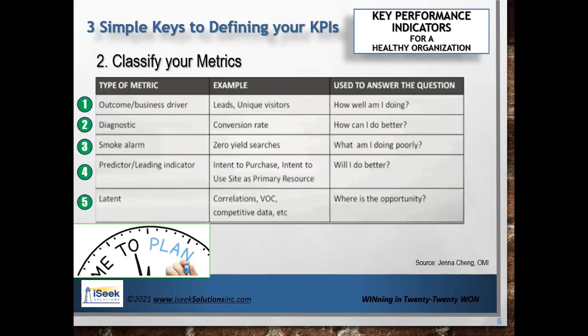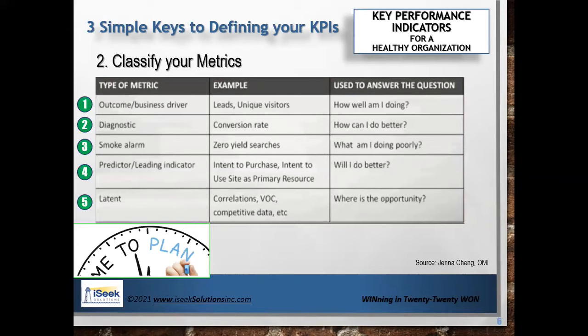They're not converting. They're still prospects. They never actually convert. So that's what we call a zero yield search. Something's not right there. That means you have the right product, but for some reason, the purchase is not occurring.